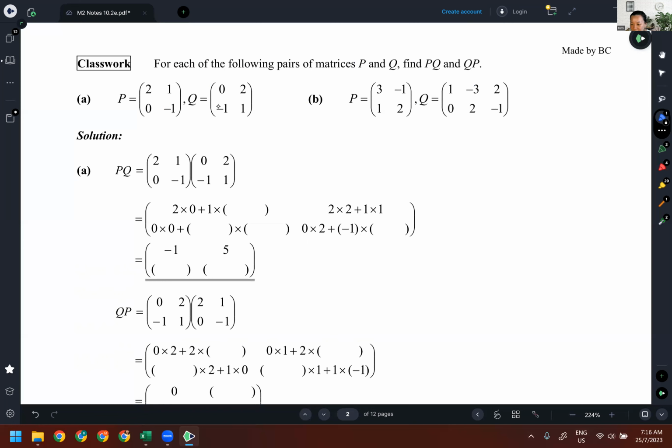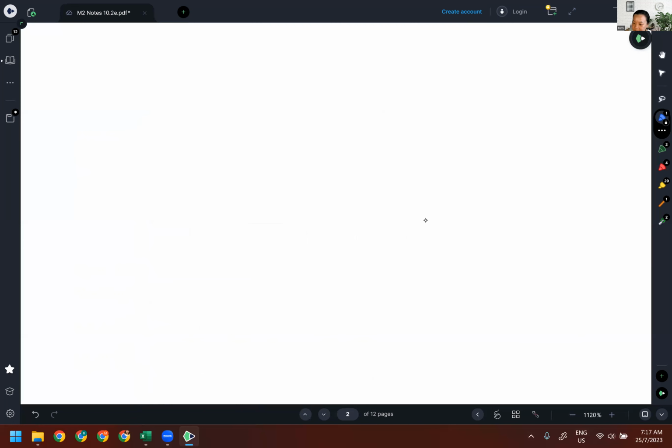P times Q, Q times P. Now, for each of the following pairs of matrices P and Q, find P multiply Q. Find Q multiply P. Now, when you are done, you let me know by raising your hands.